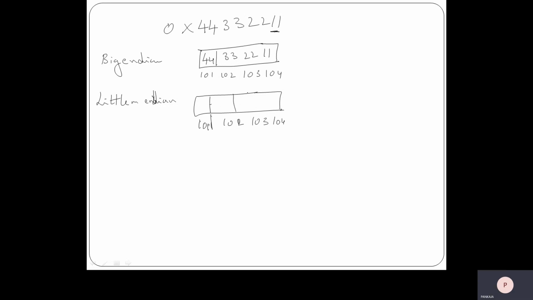You can just draw the boxes. In this given word, this is the more significant byte and this is the less significant byte. So write the less significant byte in the lower byte address: 11, sorry, this is 22, this is 33 and 44.